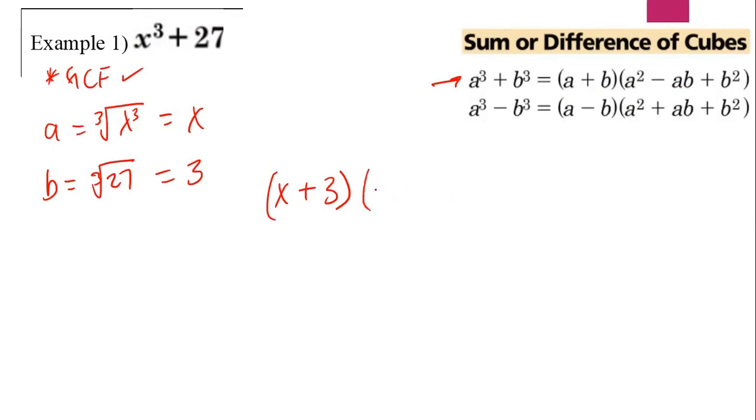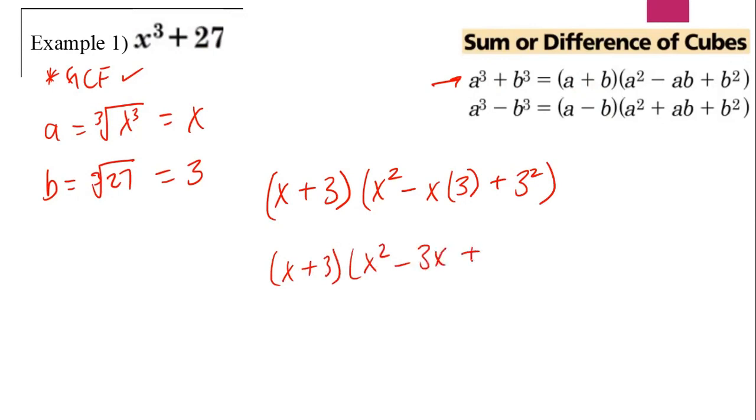So A squared is X squared, minus A, which is X, times B, which is 3, plus 3 squared. Because it's plus, X cubed plus 27. Then we clean it up. So we have X plus 3 times X squared minus 3X plus 9.